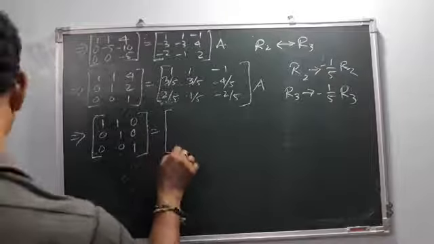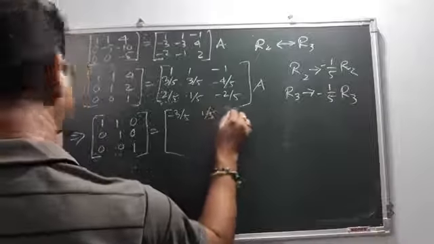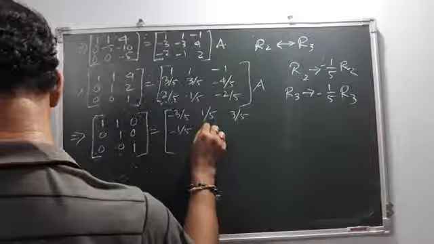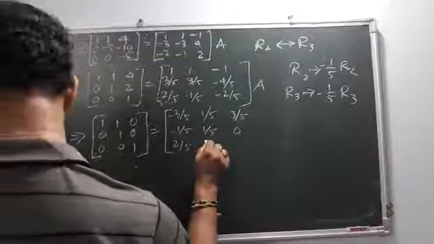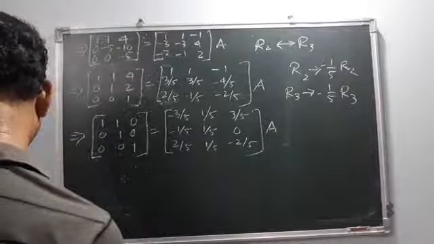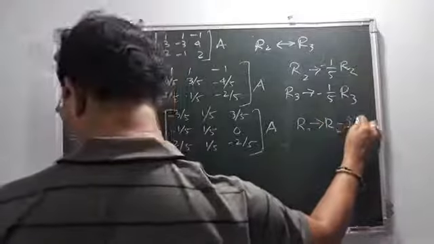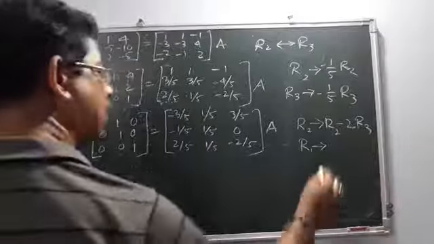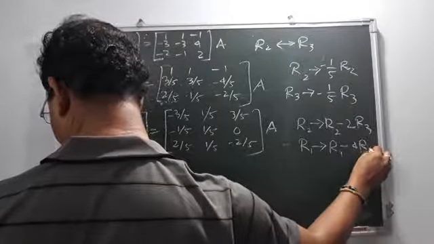This side also, a little in between: -3/5, 1/5, 3/5, then -1/5, 1/5, 0, 2/5, 1/5, -2/5. This we can get if we write row 2 is row 2 minus twice row 3, and row 1 is row 1 minus 4 row 3.